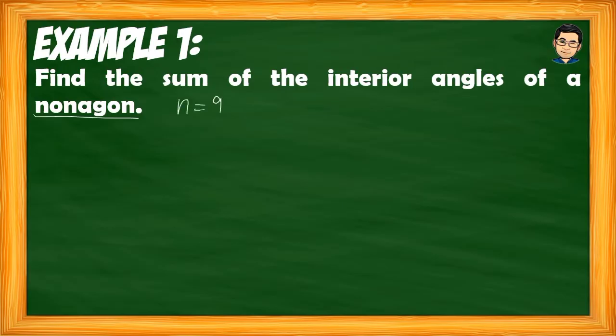So, yun po yung una nating inaalam kung ilang sides meron ang isang polygon. Next, we write the formula. So, 180 degrees times n minus 2. Okay. So, and then we will substitute 9 in place of n. And that is 180 degrees times 9 minus 2. 9 minus 2 is 7.